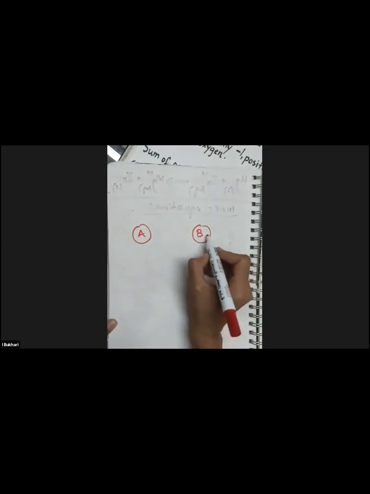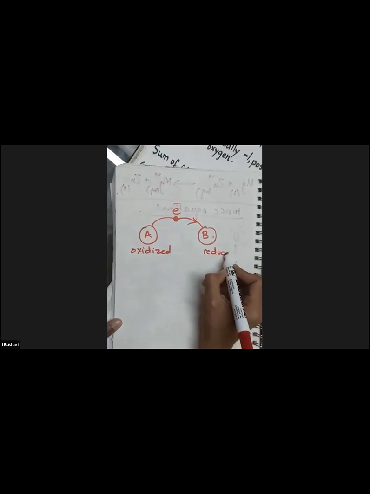I talked about oxidizing and reducing agents. Remember, I'm repeating myself. For example, these are 2 atoms. This is giving away an electron to this. So this is getting oxidized and this is getting reduced.